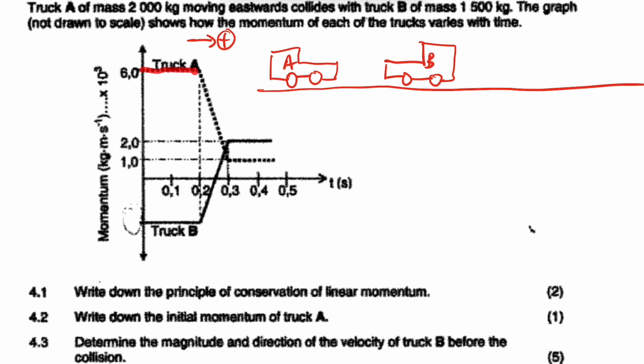So this is the initial momentum of the truck, and then after it traveled for 0.2 seconds, it collided with truck B, right? At the same time, they had their initial velocity. So this is the initial momentum of truck B. It's going in this direction, right?